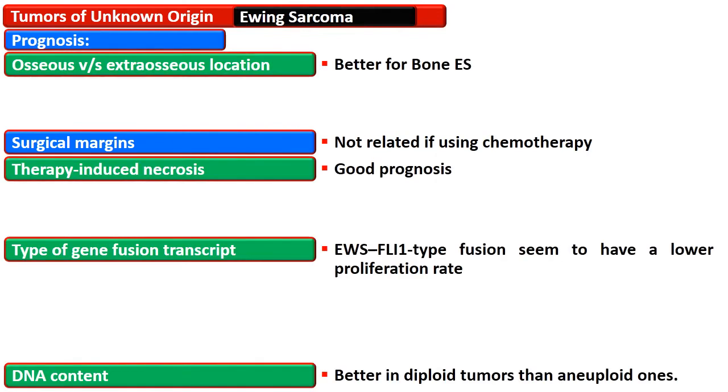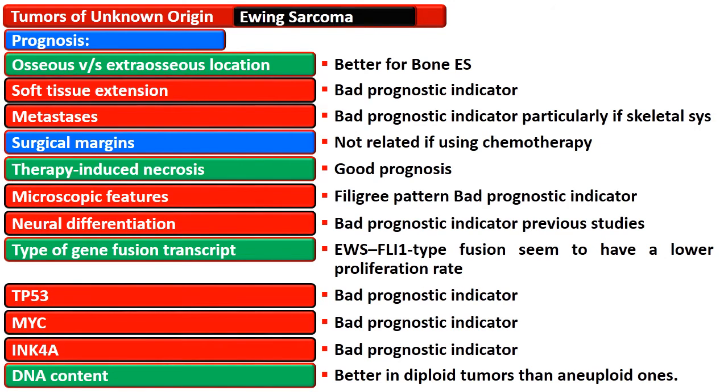The osseous tumor, therapy-induced necrosis, type of gene fusion transcript, that is EWS and FLI1 type, and DNA content if it is diploid, are better prognostic indicators, while soft tissue extension, metastasis, filigree pattern, neural differentiation and expression of TP53, MYC and INK4A are bad prognostic indicators.